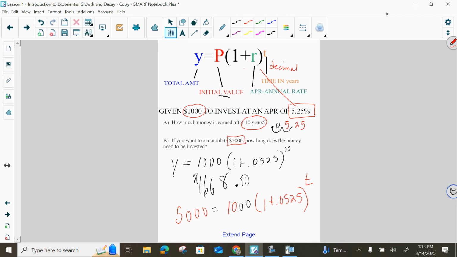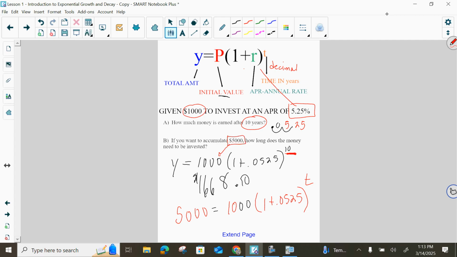So right now, it is totally going to be guess and check at this point, because we need something called logs to be able to solve it. But we can make an educated guess. So let's see. This is 10 years. It wants 5 times the original amount.